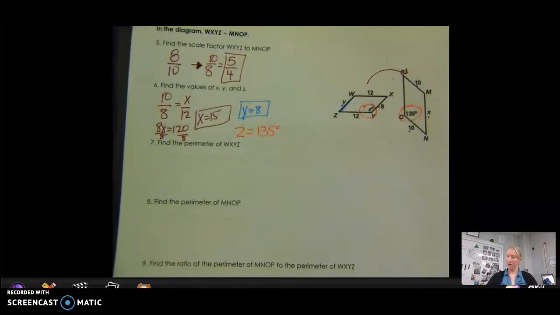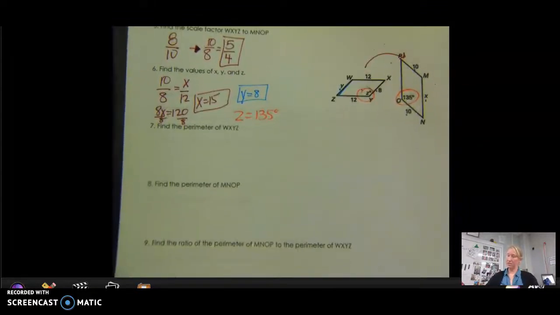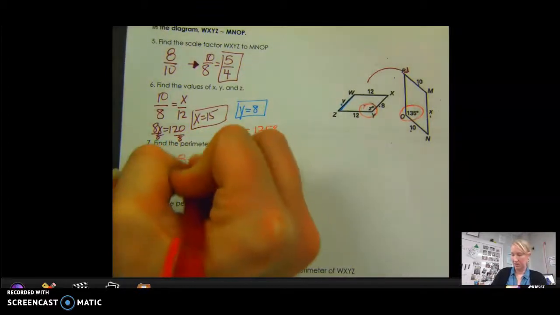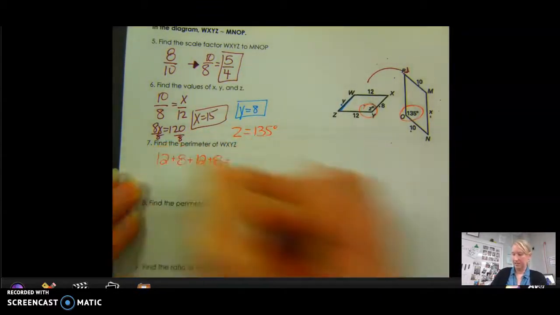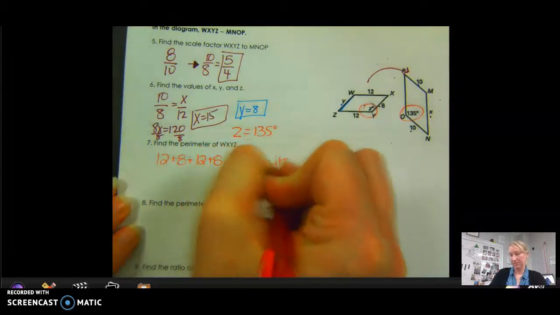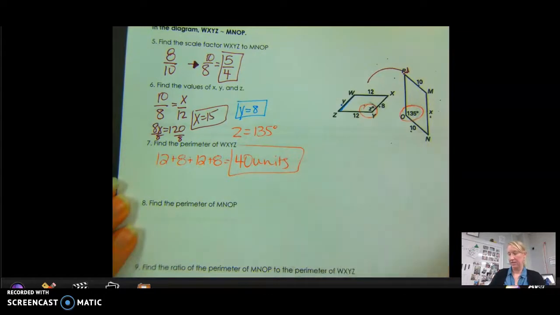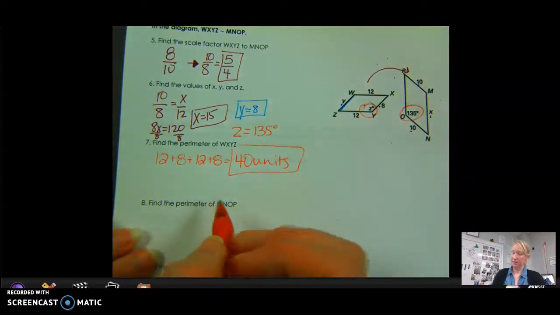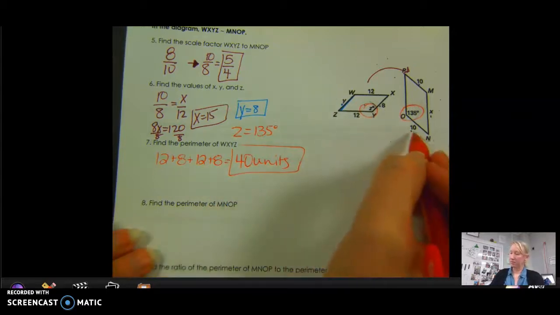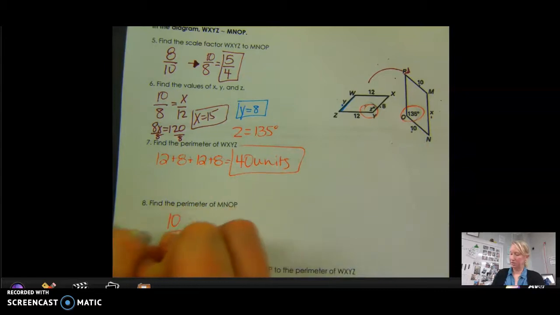Find the perimeter of w, x, y, z. Well, that would just be the 12 plus the 8 plus the 12 plus the 8. So essentially that's 20 plus 20, which is 40 units. So perimeter holds the same scale factor as side length. Remember before we said 8 over 10, those two sides match up, right?